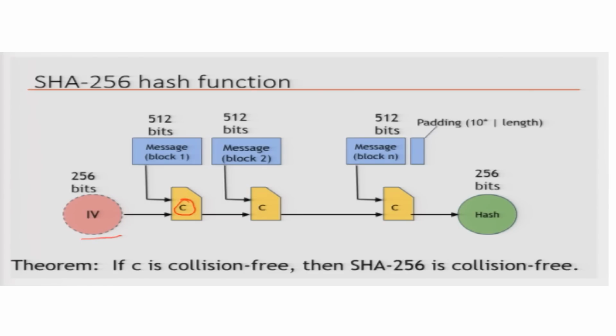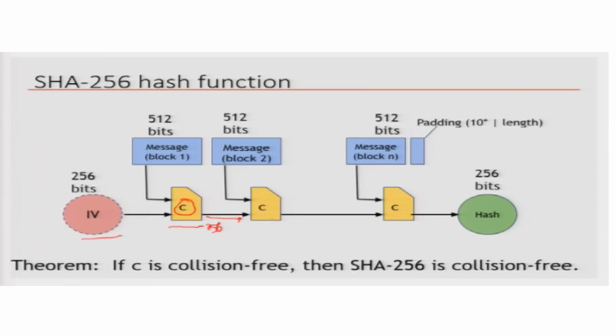You divide the message into chunks of 512 bits, and at the end your original message may not be a multiple of 512 bits. So, you have to do some padding at the end to make all the chunks 512 bits, and then you apply the first 512 bits to the first function block with this seed, and the output of that will also be 256 bits.